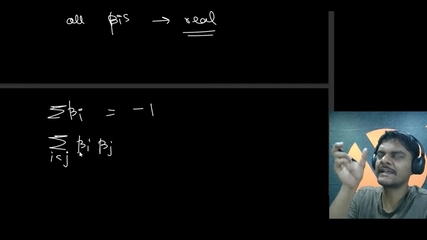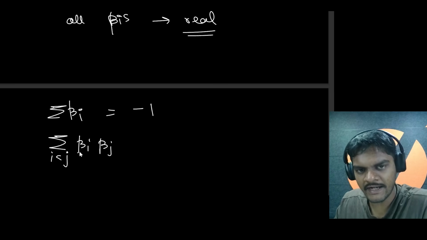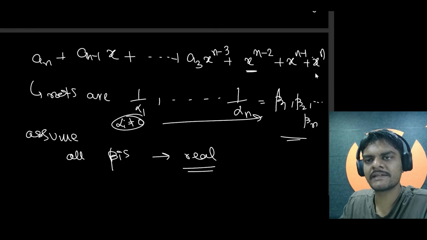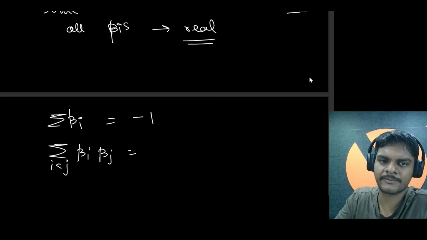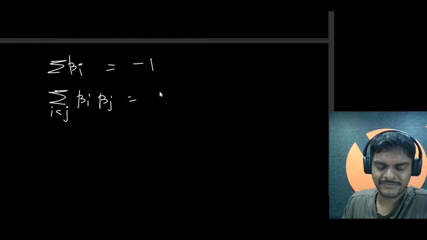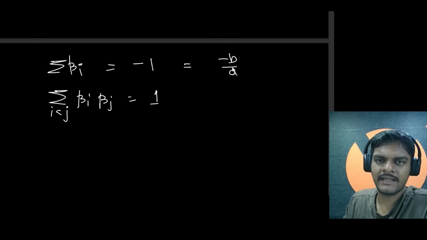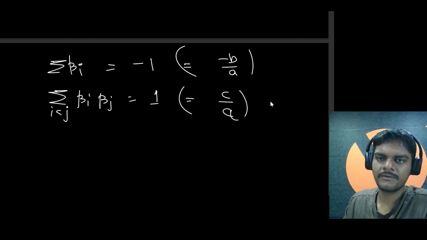That's taking 2 at a time and adding them. This will be the coefficient of x power n minus 1 divided by the coefficient of x power n minus 2 divided by the coefficient of x power n. So this will be 1, right? Because this is minus b by a, this is plus c by a, these things.